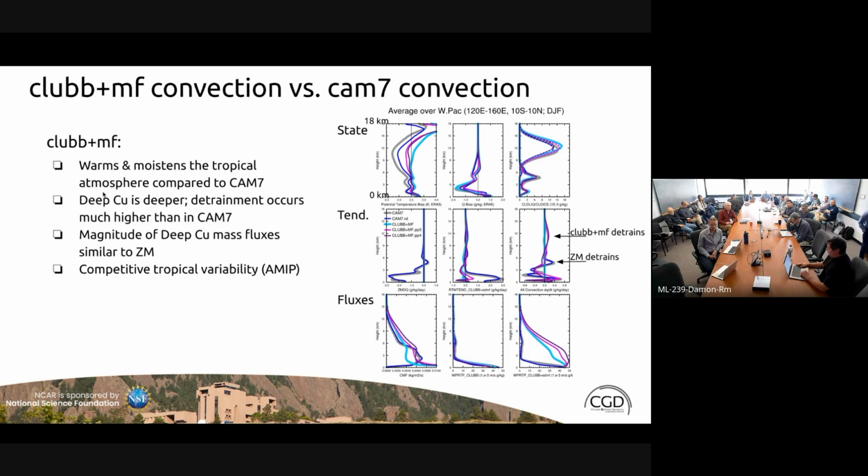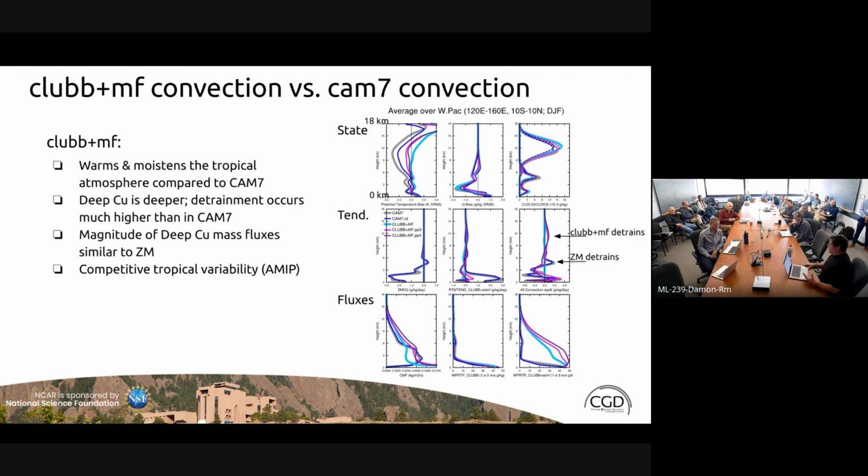That's something that's very qualitatively different in CLUBB-MF than ZM, and that's primarily the main difference between them. Their actual mass fluxes, the magnitudes of them, are similar, and those are given in the lower left. I haven't shown any tropical variability here. I have at previous workshops, and the variability is quite similar to what you see in CAM7.